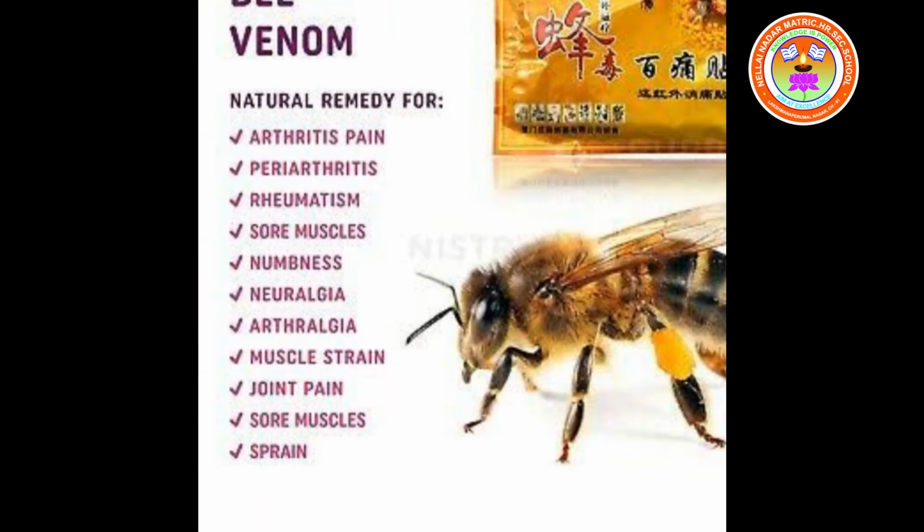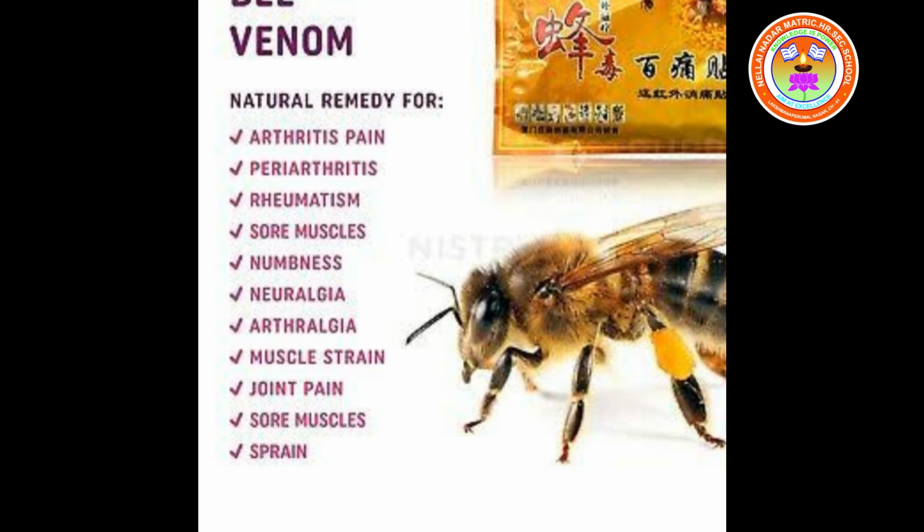It is given as a shot for rheumatoid arthritis, nerve pain, multiple sclerosis, and for reducing the reaction to bee stings in people who are allergic to them, which is known as venom immunotherapy.